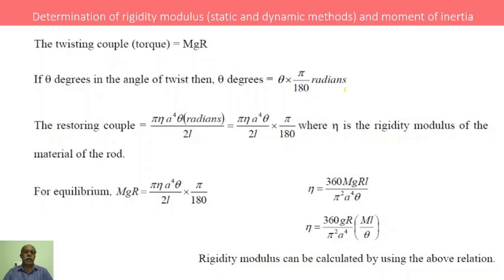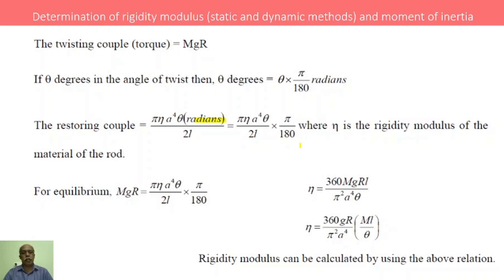The restoring couple is given by pi eta a power 4 by 2L into theta, and if we convert it into radians, we get pi eta a power 4 theta by 2L into pi by 180, where eta is called the rigidity modulus of the material of the rod.